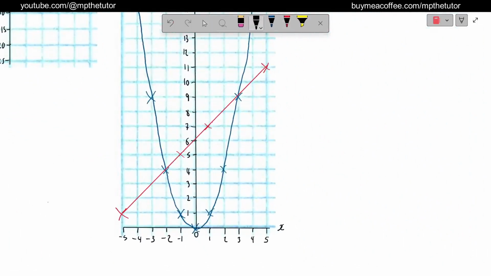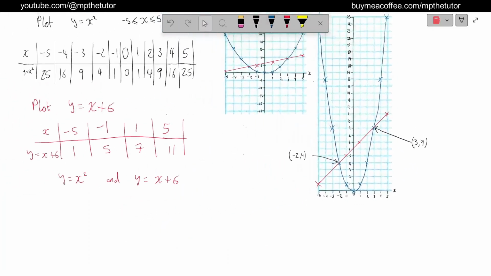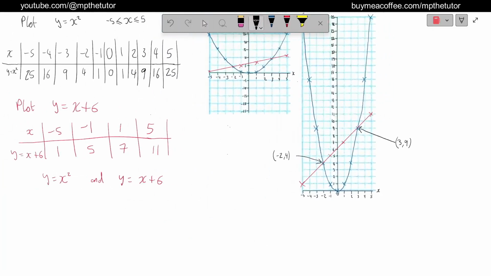But it's easier on this graph here, where we have this point here, which is -2, 4, and this point here, which is 3, 9. So they have x equals -2, y equals 4, and x equals 3, y equals 9.